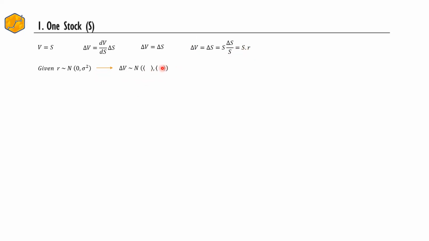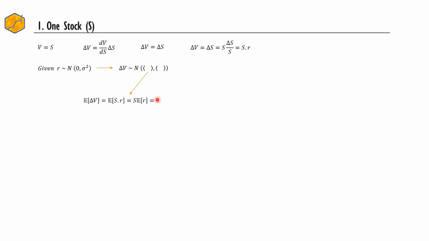We need to find out these two parameters, and that comes from expectation and variance algebra. Correct? So you guys tell me this. What is the expected value of delta V? I'll pause here. What is the expected value or the mean of delta V? Wow, all of us saying 0.